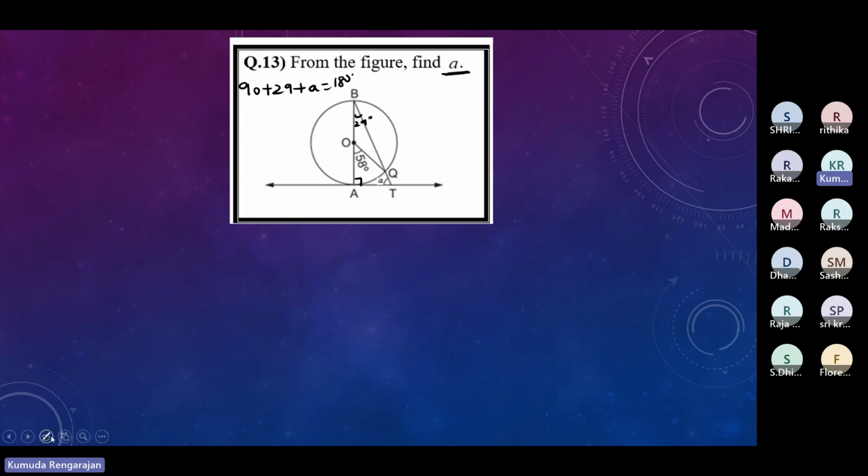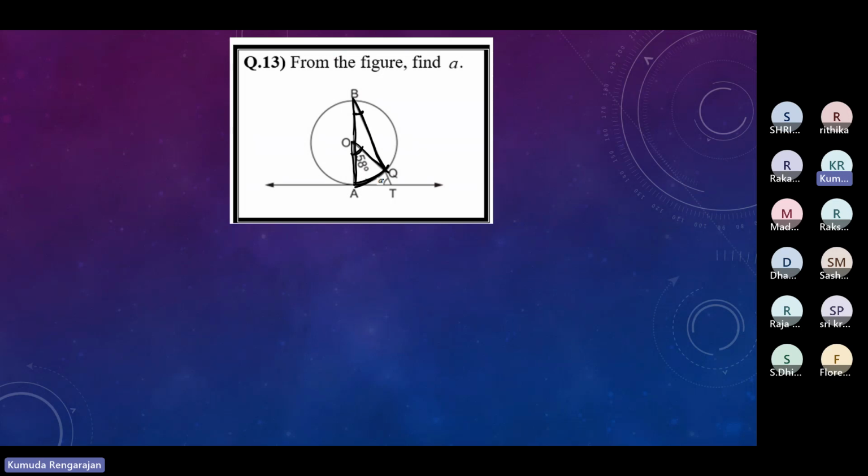So it's important to name the angle to understand. This arc AQ subtends angle AOQ at the center. The same arc AQ subtends angle ABQ on the circumference. I said name the angle using only the points inside or on the circle. Don't use any points outside the circle. Don't say ABT.